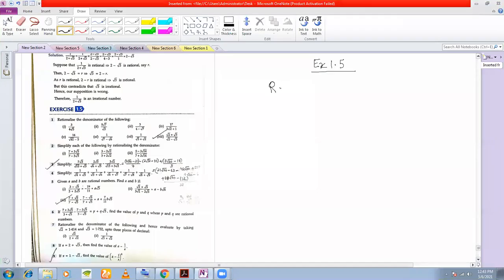Rationalize the denominator of the following.